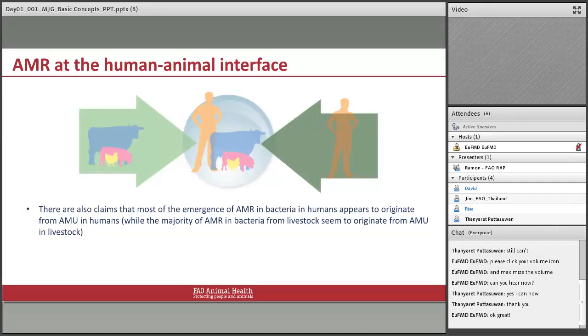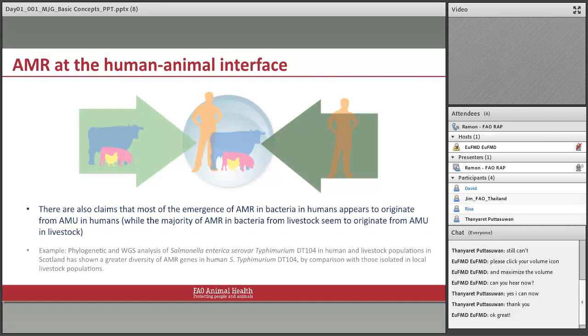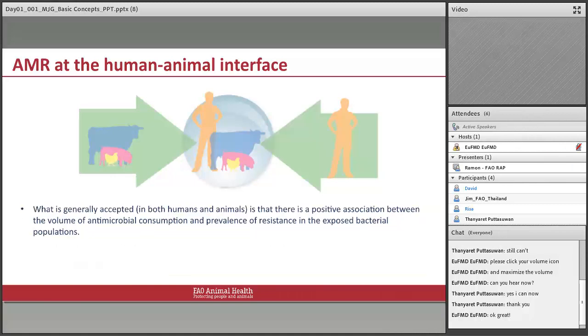So there's that evidence. However, it's also important to note that there are claims that most emergence of AMR in humans originates from human use, from hospital use. There is also evidence that antimicrobial resistance in animals comes from humans. We've seen MRSA in pigs coming from the humans themselves.